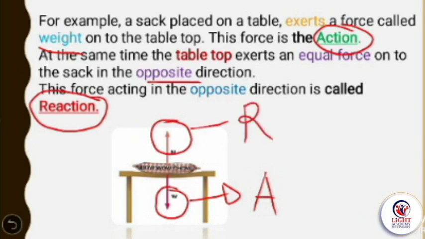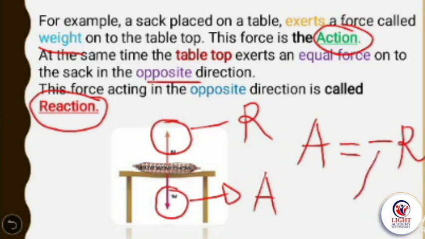Remember, we said the two are equal and opposite. So action is equal to the negative of the reaction. The negative simply implies that the two are in opposite directions.